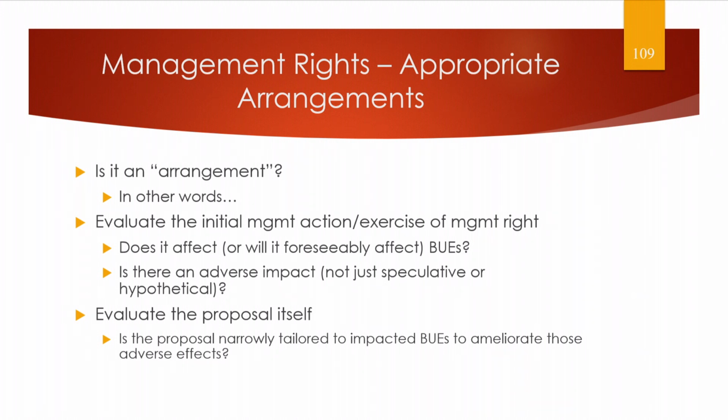And the FLRA has a quote. They say, the proposal must provide balm to be administered only to hurts arising from the exercise of management rights. So that's really what this is about when you're looking at arrangements. It's about making those employees whole or better based on this adverse impact of management's rights.